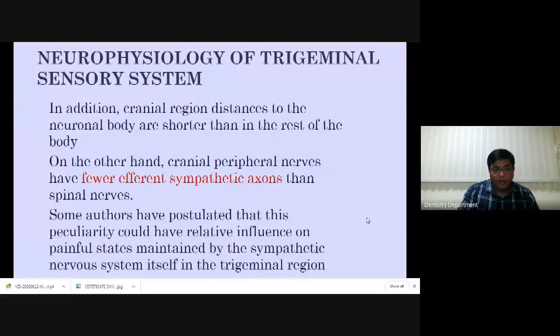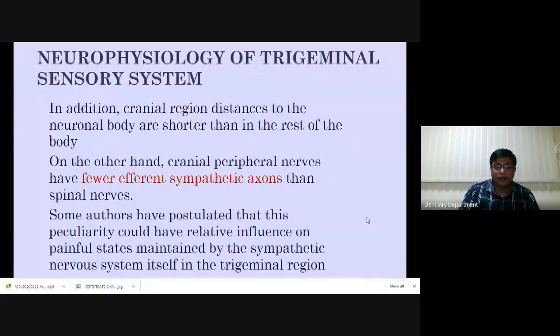Also, the trigeminal region has very few efferent sympathetic axons. And these are all Greek and Latin for me also. But what is the clinical interpretation? Some authors have postulated that this peculiarity could have a relative influence on painful states maintained by the sympathetic nervous system in the trigeminal region.